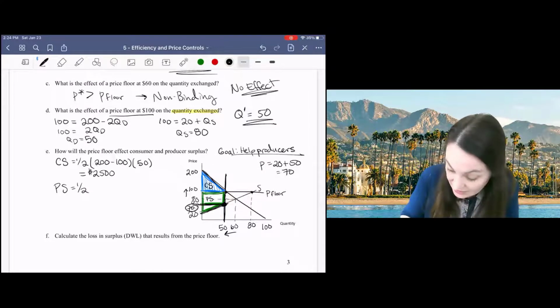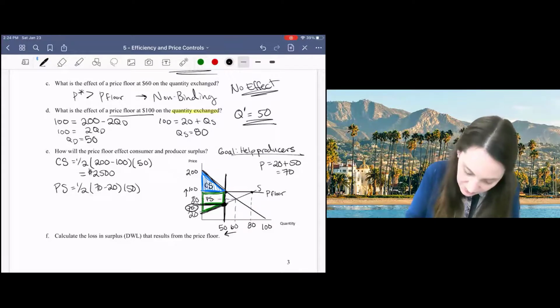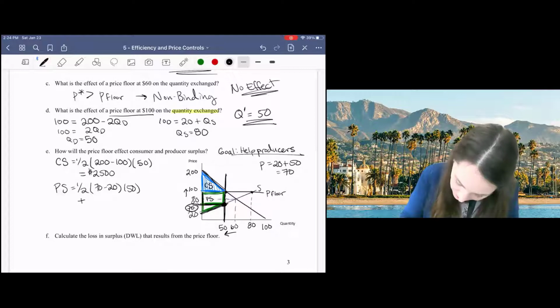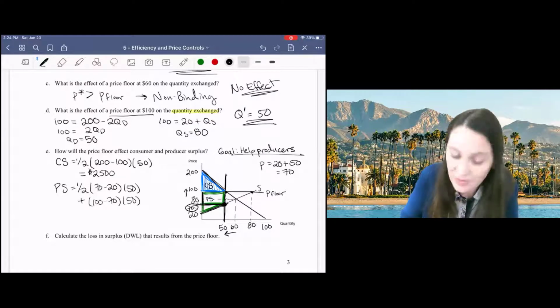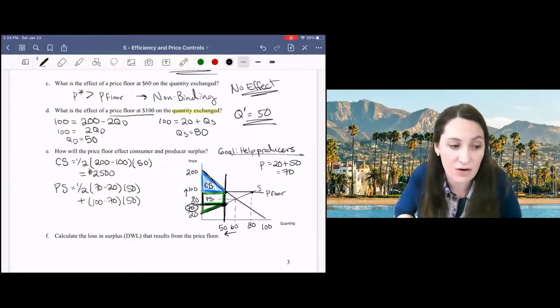Then I just need to calculate the area of that triangle there at the bottom. That's 70 minus 20 times 50 times 1/2 plus the area of the rectangle. The height is 100 minus 70, and the length is 50. And we don't multiply by 1/2 because it's just base times height for a square or a rectangle.